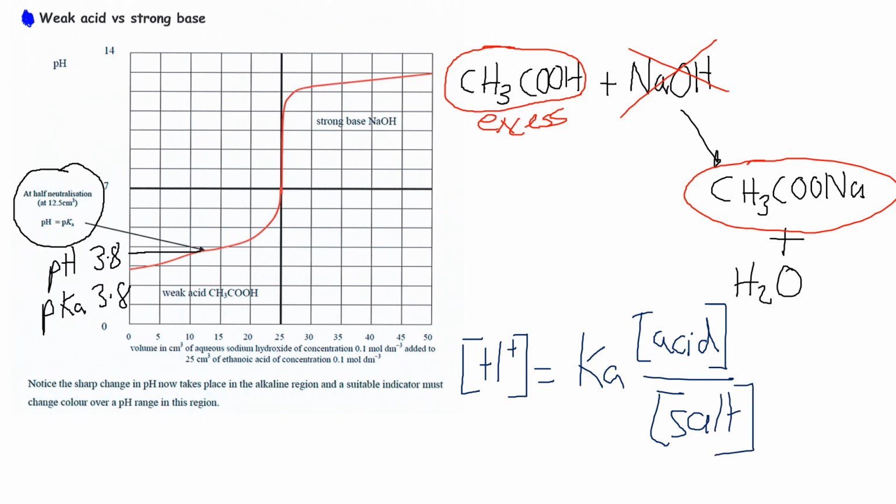So to work out the pH of your buffer, you need to know the concentration of the acid and the salt. But going back to this point here that we talked about, let me just clear off some of this a second to try and explain.